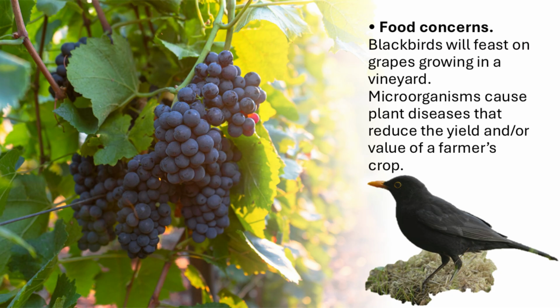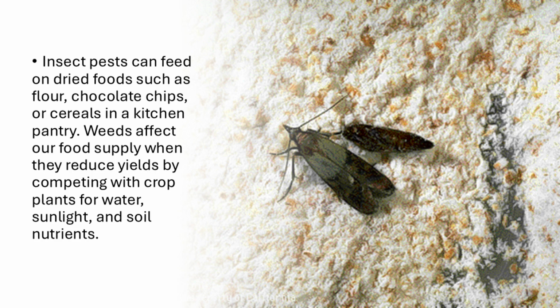Microorganisms cause plant diseases that reduce the yield and/or value of a farmer's crop. Insect pests can feed on dried foods such as flour, chocolate chips, or cereals in a kitchen pantry. Weeds affect our food supply when they reduce yields by competing with crop plants for water, sunlight, and soil nutrients.